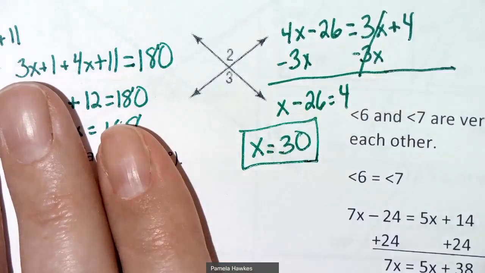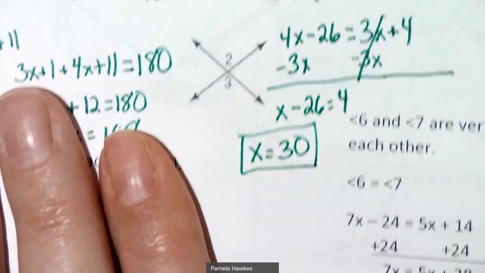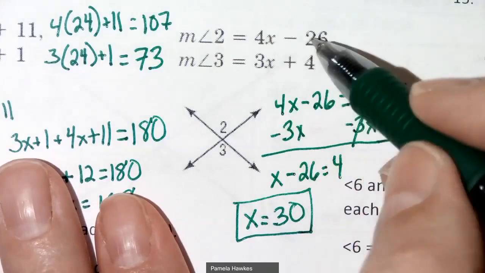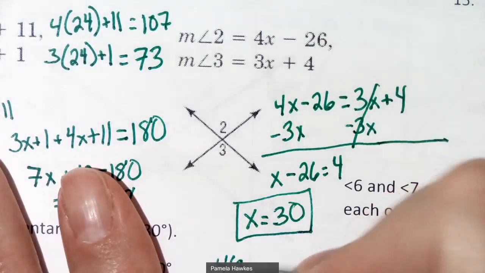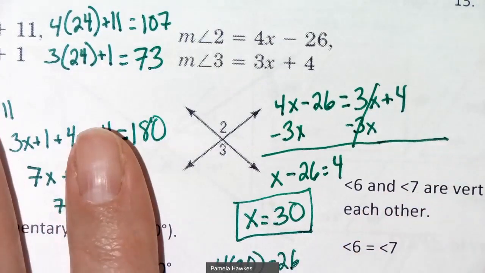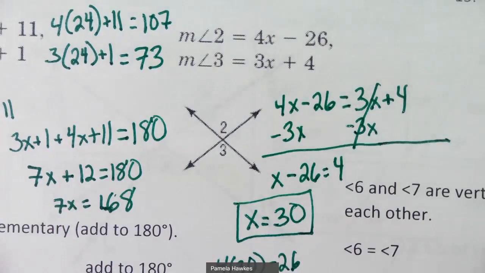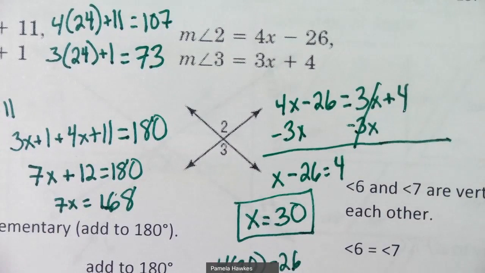If it asks for x, I'm done. What if it says find angle 2? Well, up here at the top it says 2 is 4x minus 26. So 4 times 30 minus 26, and I get 94.